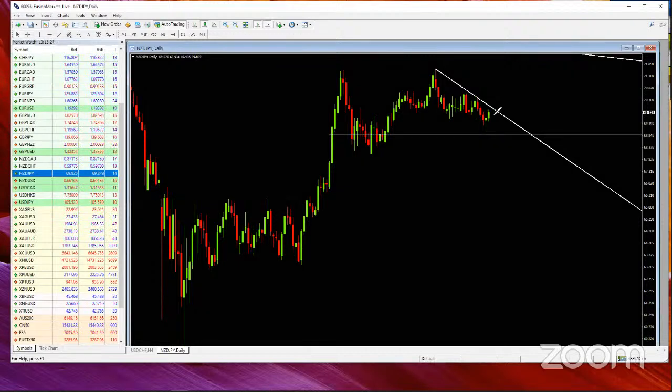But what we'd want to see really here is price to fail getting through this point, and then give us some sort of reversal. So then we can trade it down and see if we can get through here. And if we get through here, then it becomes an add point. So we can put maybe half on at this point if it turns, and see if it comes down and through our level, and then half on here and see if we can then ride it down.